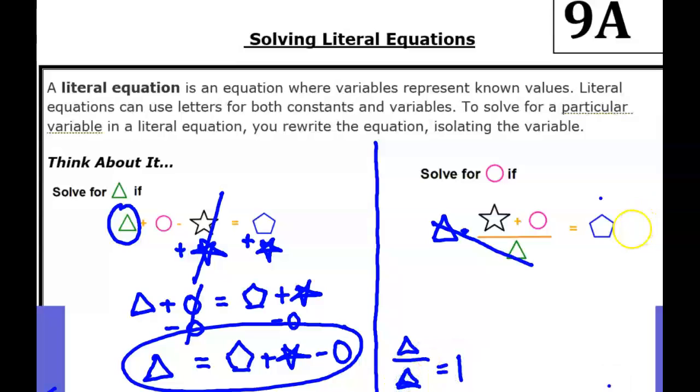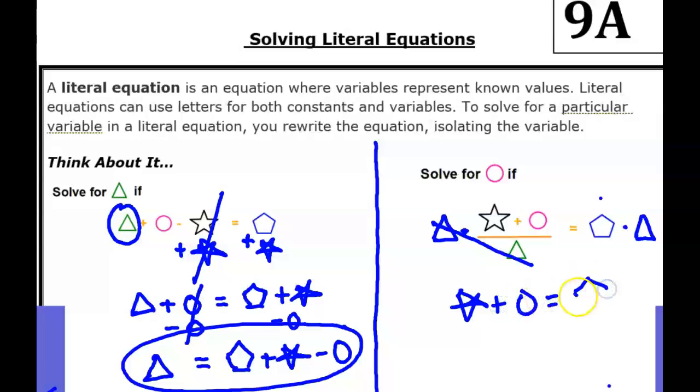Now, whatever we did to one side of the equation, we had to do to the other. Okay, so then the second step, we're left with the star plus the circle equals the pentagon times the triangle. Okay, now we're solving for the circle, so we need to get rid of this term of the star.